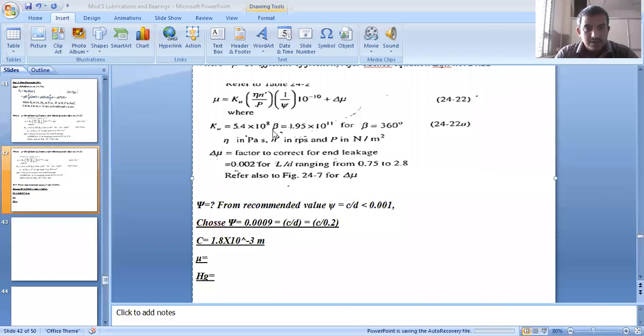Sir, 4.1664 into 10 power minus 3. Okay. Next, heat generated.